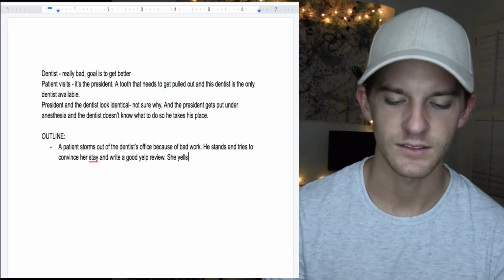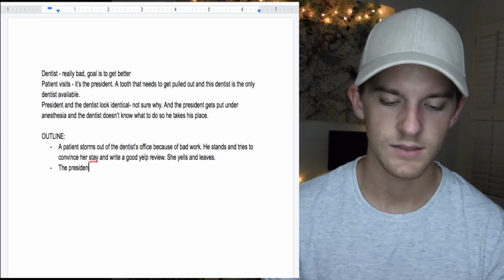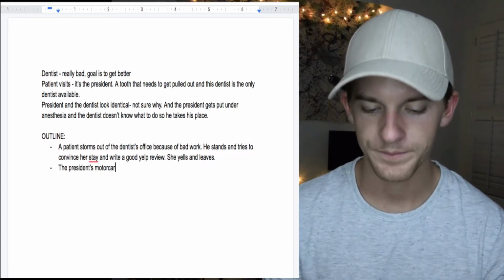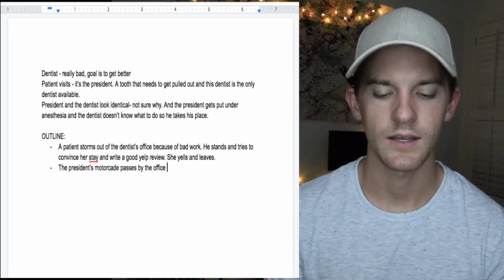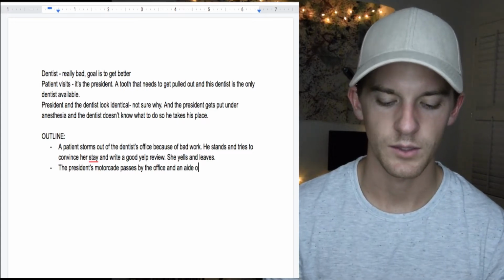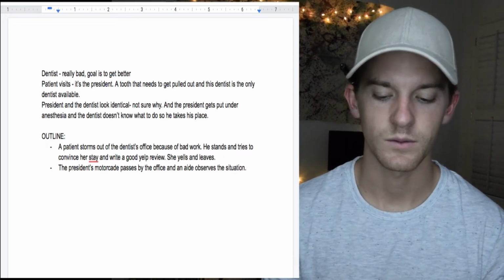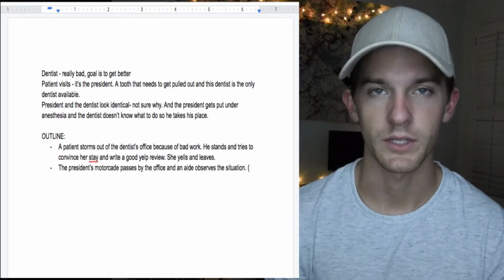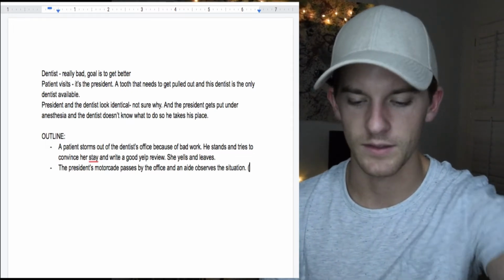She yells and leaves. Meanwhile, the president's motorcade passes by the office, and an aide observes the situation. So later that's important, because that aide's gonna book the president the appointment when we get there.